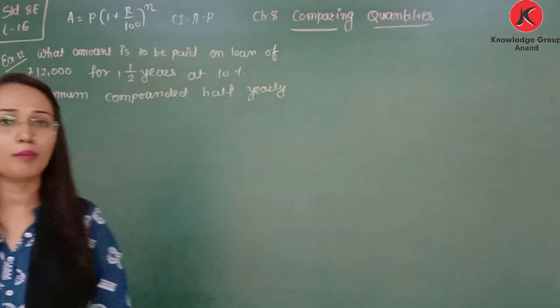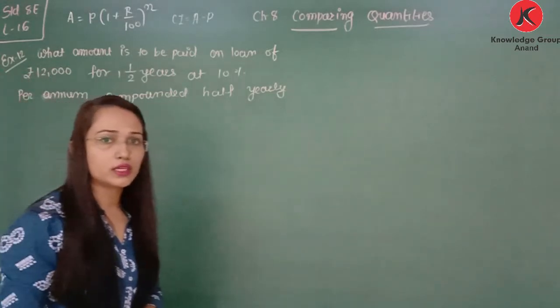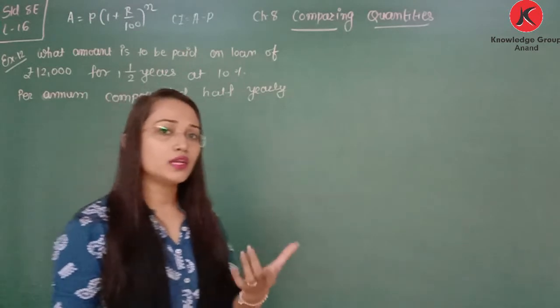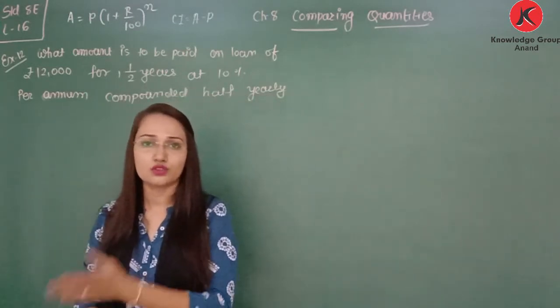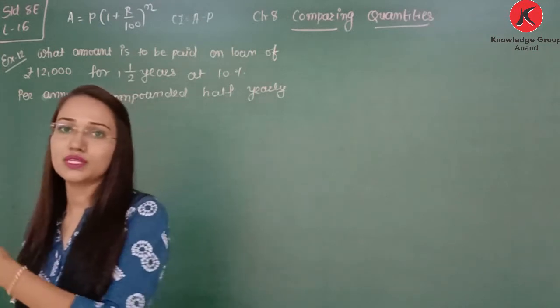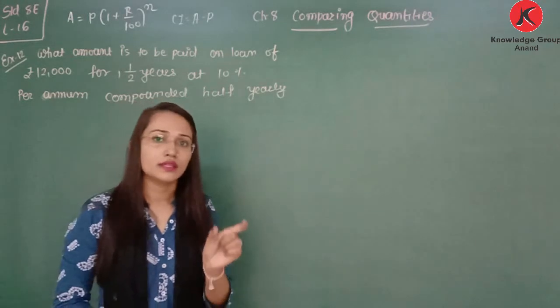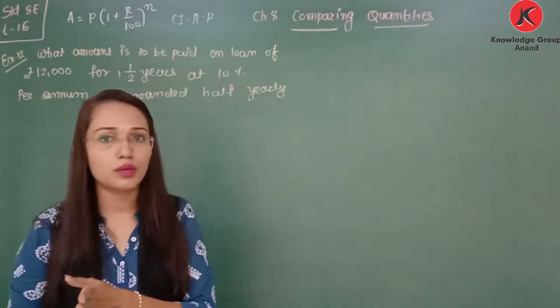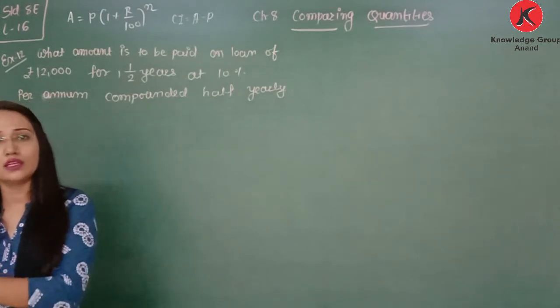After that we learned about compounded quarterly. Quarterly means 1 year is divided into 4 quarters, 4 parts. That is 3 months, 3 months, 3 months and 3 months. Our principal value changes after 3 months, then again after the next 3 months, then after 9 months, and then 12.